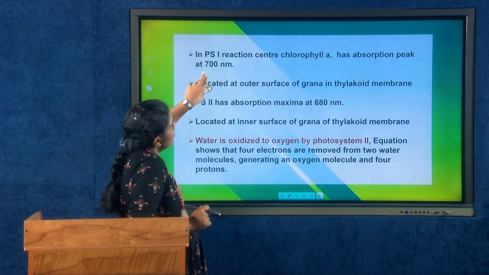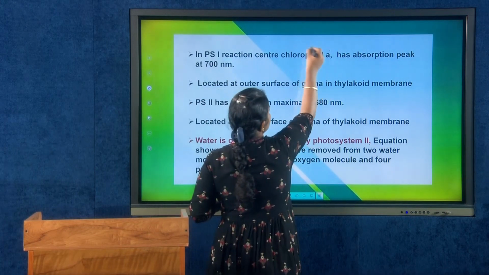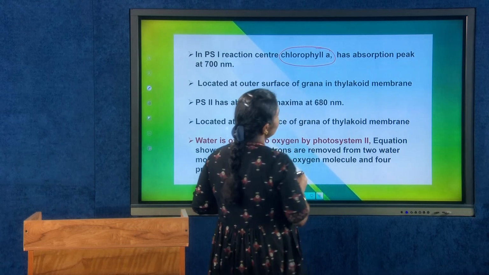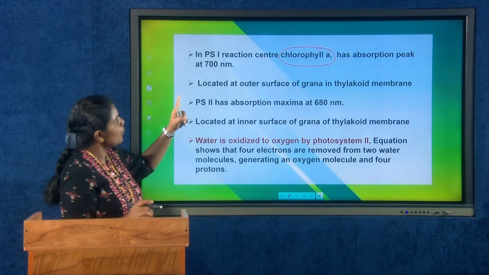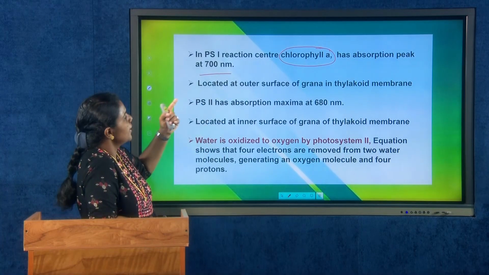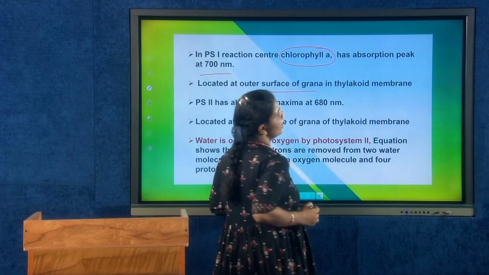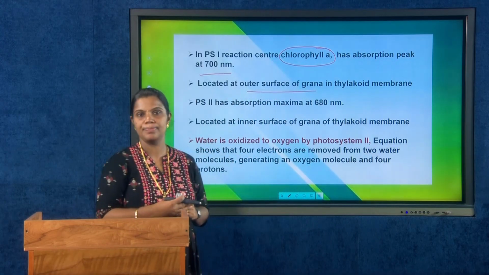In the PS1 reaction center, we have chlorophyll A, which has the maximum light absorption at 700 nanometer. It is located in the outer surface of the grana in the thylakoid membrane.